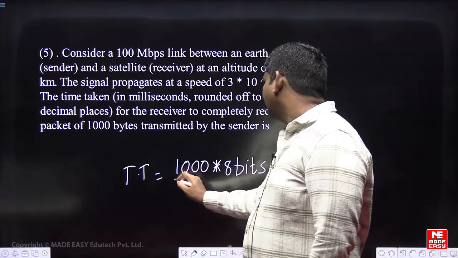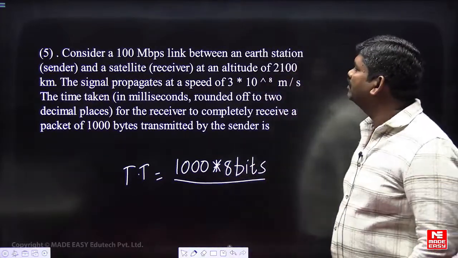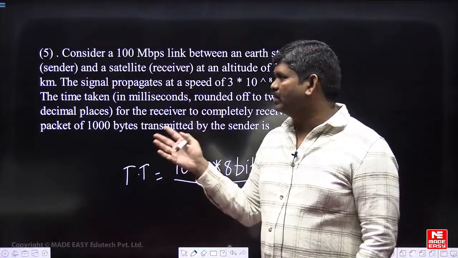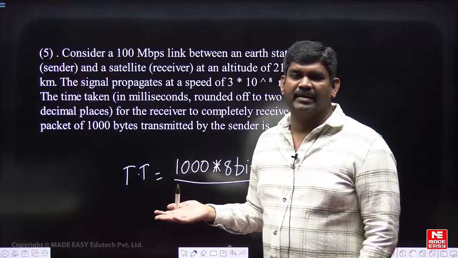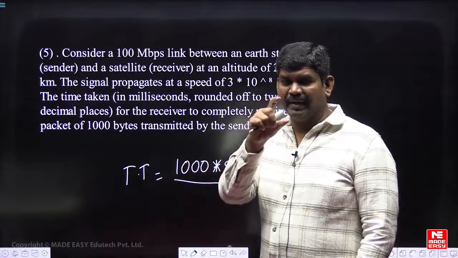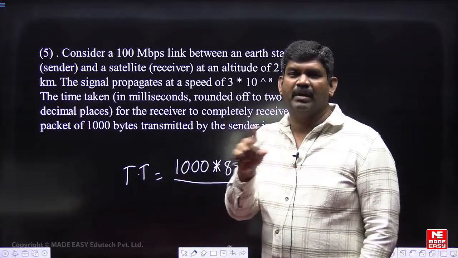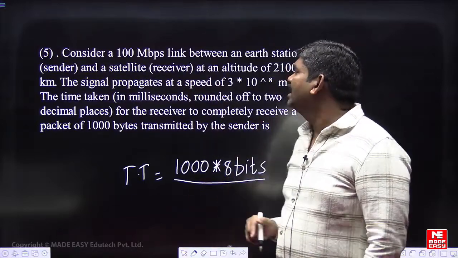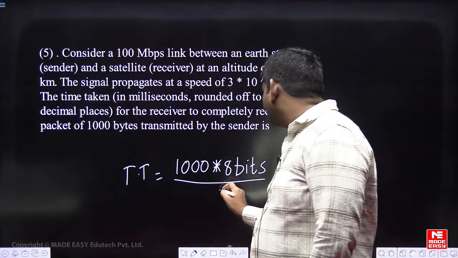So this is the data size upon bandwidth. What is the bandwidth of the link that is given? The system is providing you the bandwidth of 100 megabits per second.